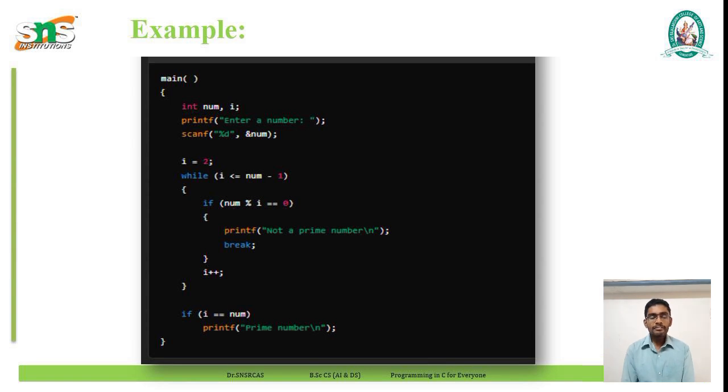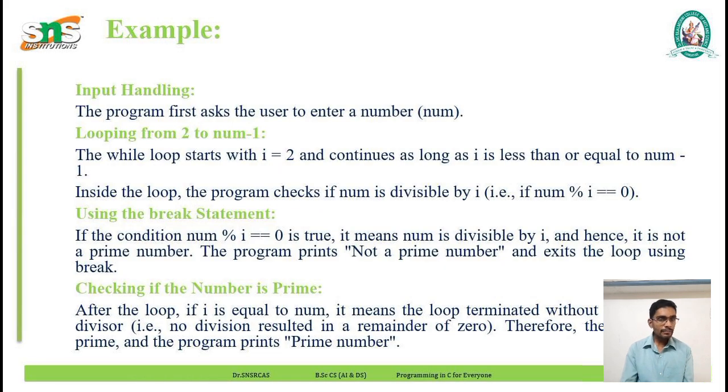Finally, if i value is equal to number, the condition checked will definitely be true, then the result will be printed as prime number. The explanation for the given example program: the while loop starts with i equal to 2 and it goes on. If the condition is true, the break statement executes, then it comes out of the loop.